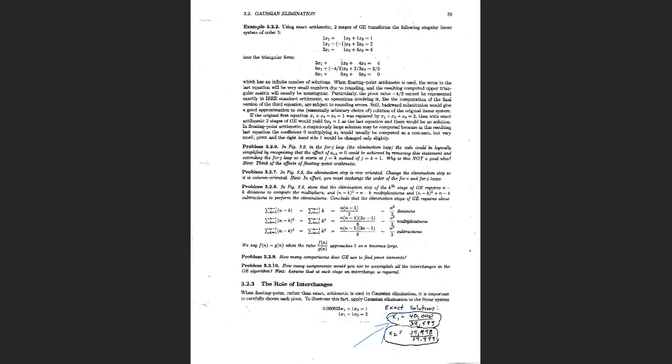Well, by not allowing a row interchange, and using the smallest number in the first column as a pivot, when we solve the system, we got x1 equals 1. Okay, so that's okay.